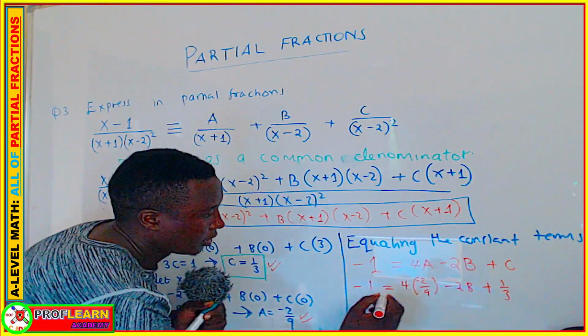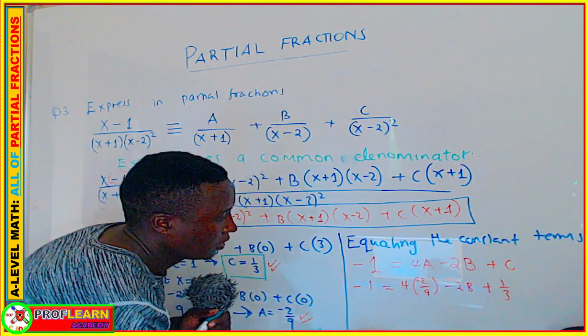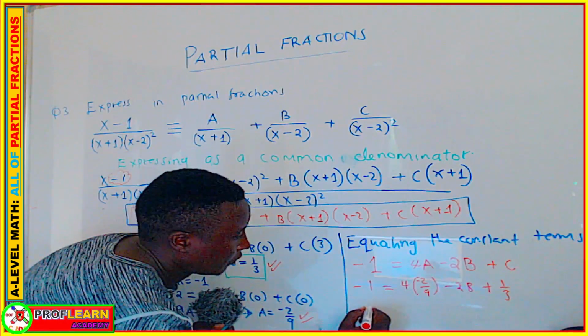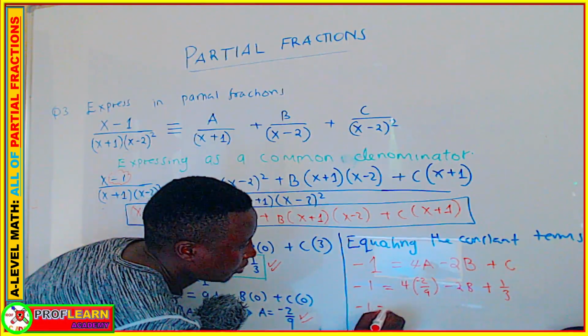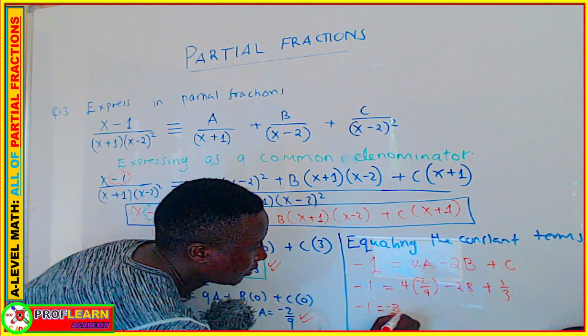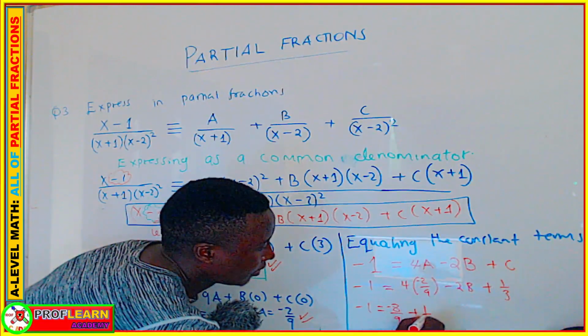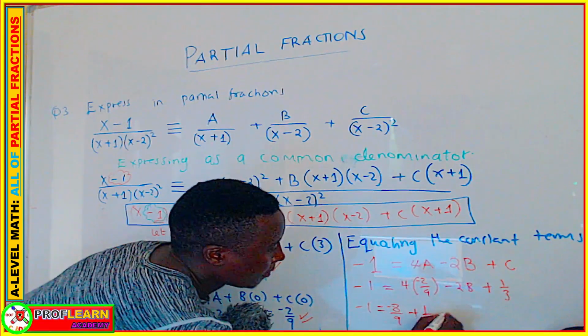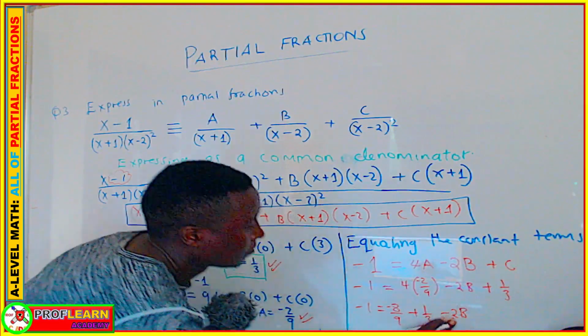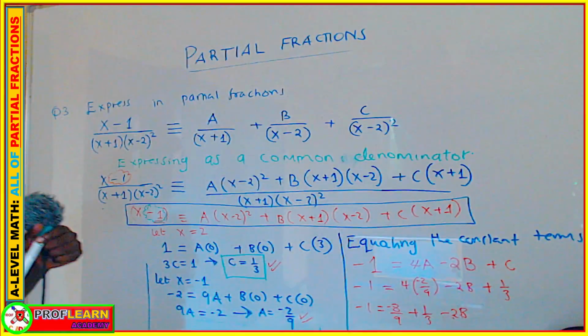So which will mean that this is going to be 8 over 9. Negative 1 equals negative 8 over 9 plus 1 over 3 minus 2b.